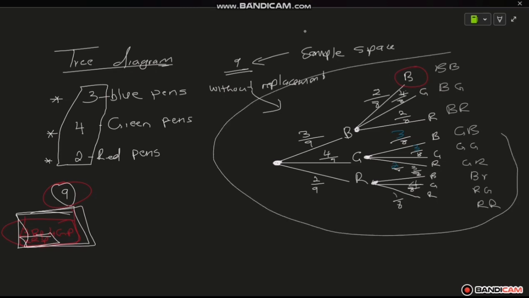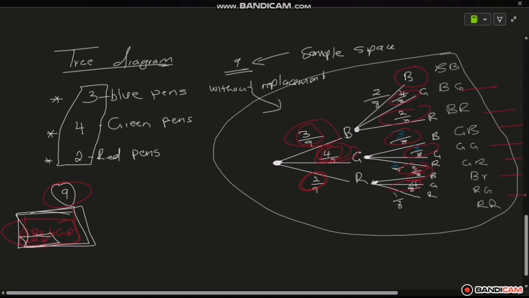Okay, so for you to see that this is correct, what you must do, you take the probability of B, the original probability, times the affected one, you write the answer, and you take this one again with G, B, and R, you write the answer. 4/9, and those ones GB, GG, you write the answer, GR, you write the answer, BR, you write the answer, RG, you write the answer, RR, you write the answer.